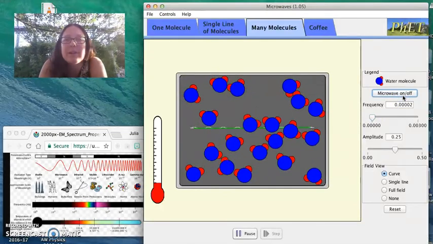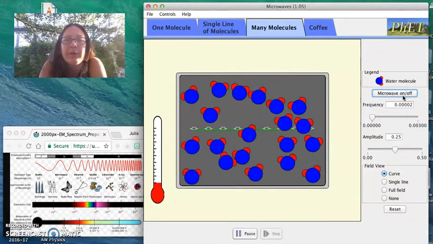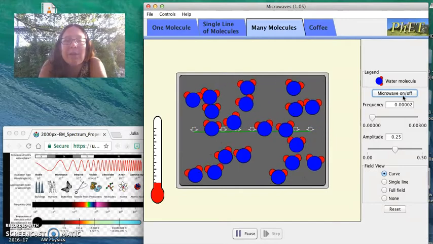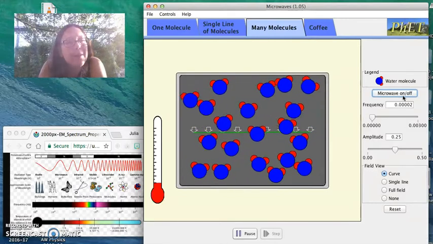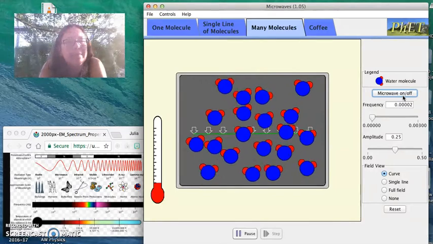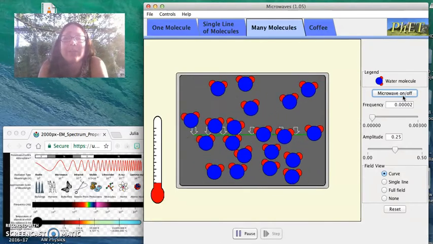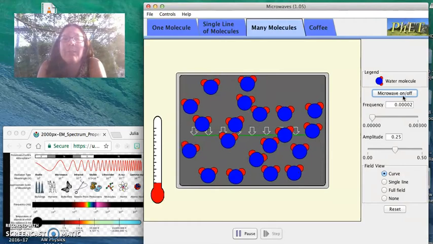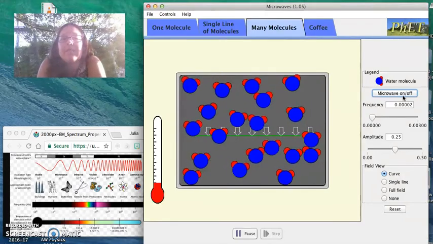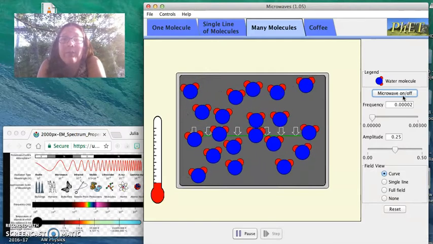So there's our field oscillating. You can barely see it because it's so low in frequency. And you can tell the water molecules, they're getting a little bit of energy from the field, but not a whole lot. And so maybe this is a better simulation of what would be happening in our bodies all the time when we have much longer microwave radiation going through our body and radio wave radiation.